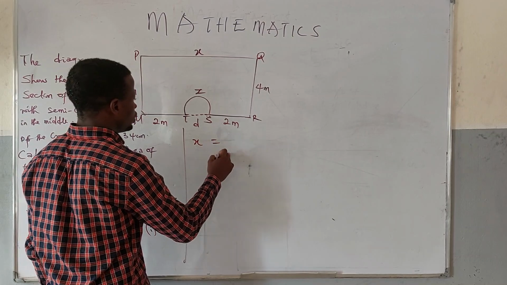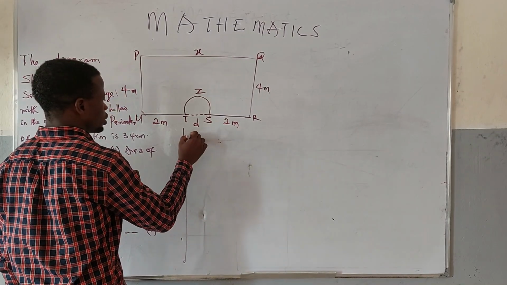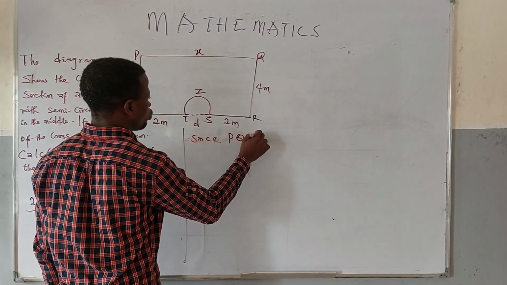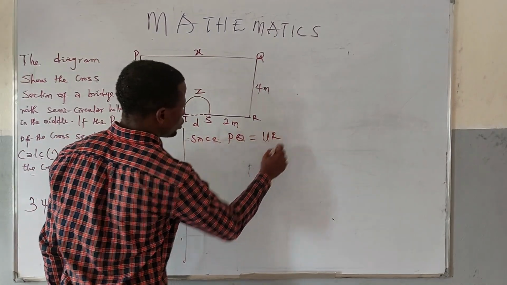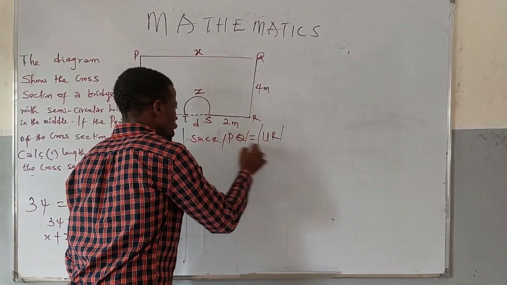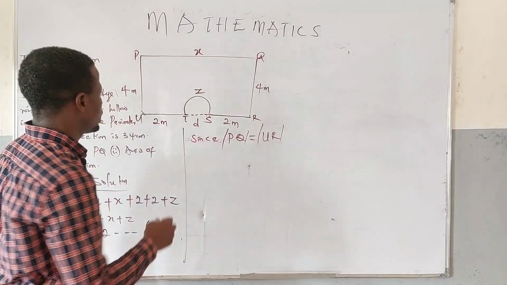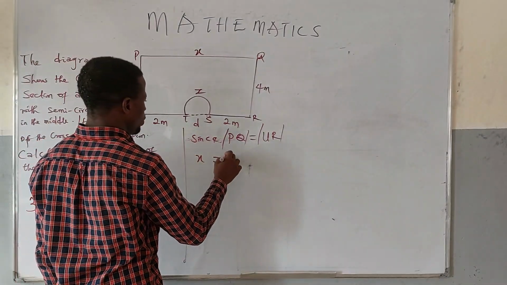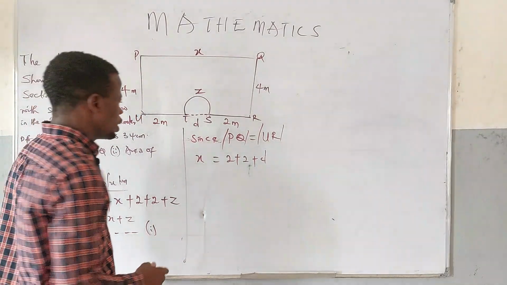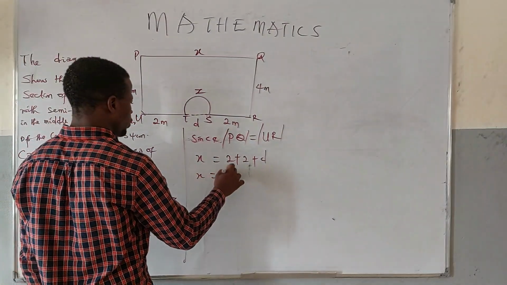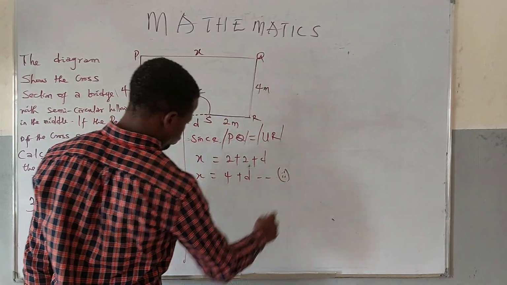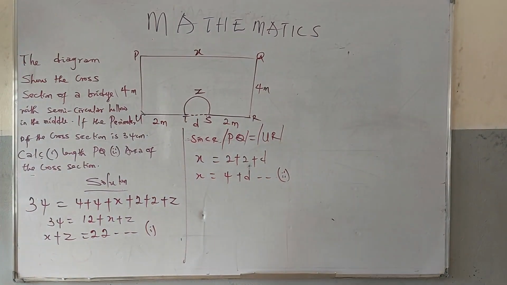Since PQ should be equal to UR, length PQ, length UR, that implies that x is equal to 2 plus 2 plus d. That implies that x is equal to 4 plus d, equation 2.